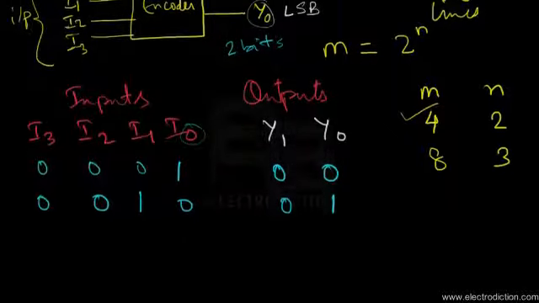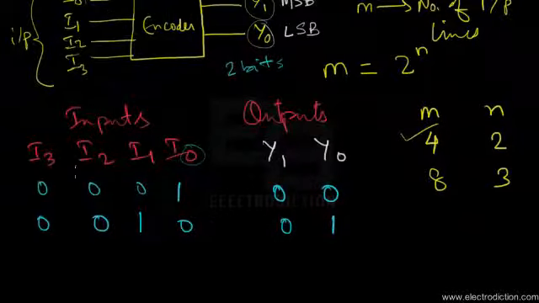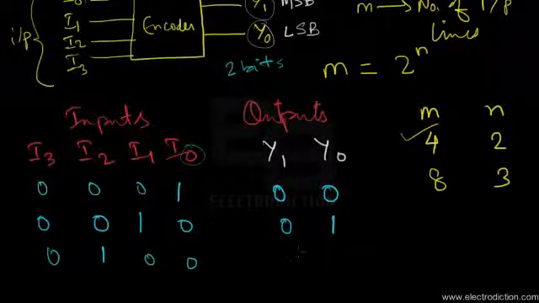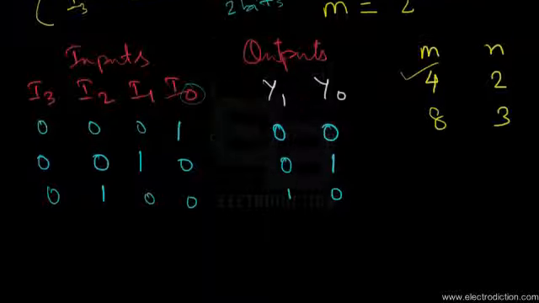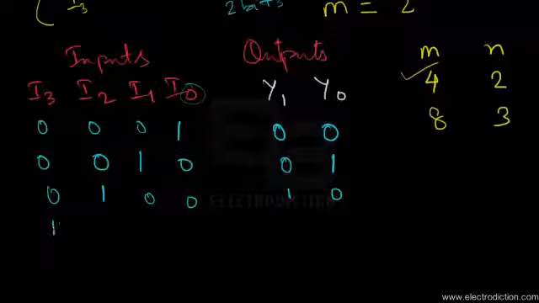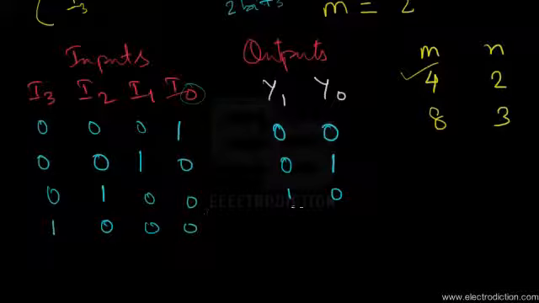Now if we select line I2, applying a logic high signal over here, we would obtain a binary code output of 1 0. And finally, for selecting line I3, applying a logic high signal at I3, we would obtain a binary code output of 1 1. So for 3, the corresponding 2-bit binary code is 1 1. For 2, it is 1 0, for 1 it's 0 1, and for 0 it is 0 0.